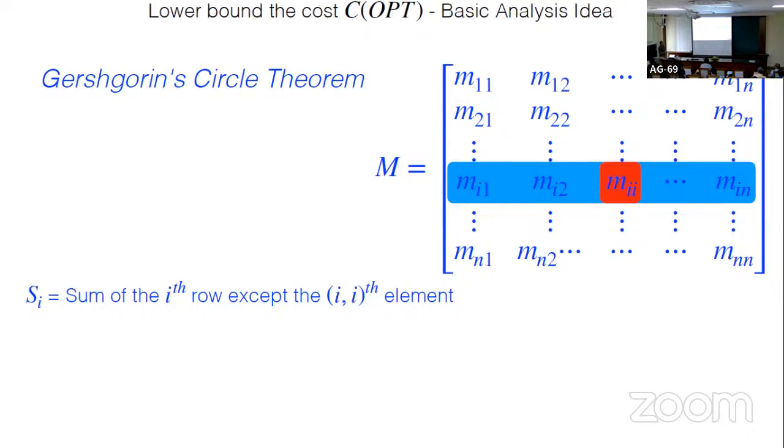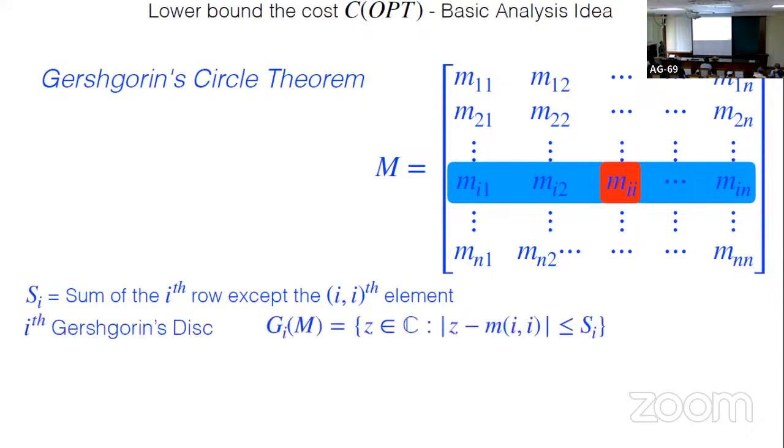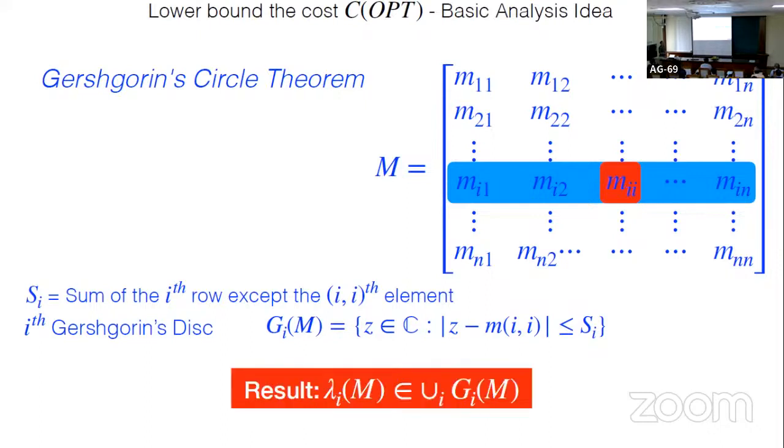The ith disk corresponding to this ith row is nothing but all points which are at a distance of S_i from the diagonal element. That's the disk definition. And now the result says that all the eigenvalues of this matrix M belong to the union of these n different disks.